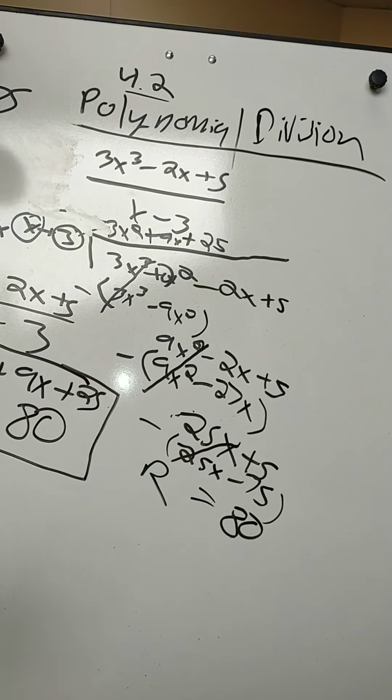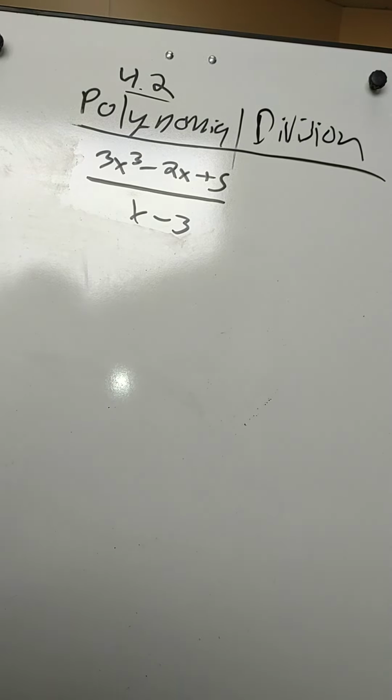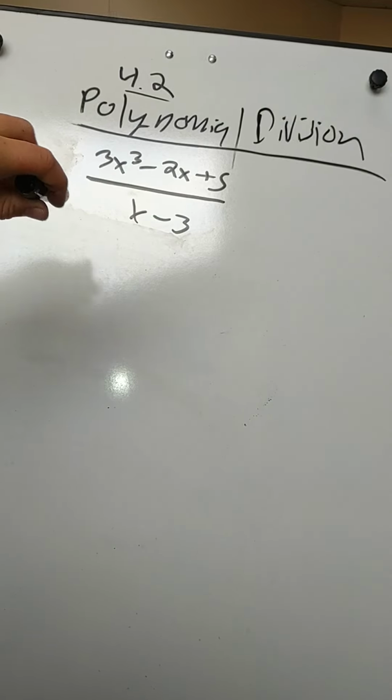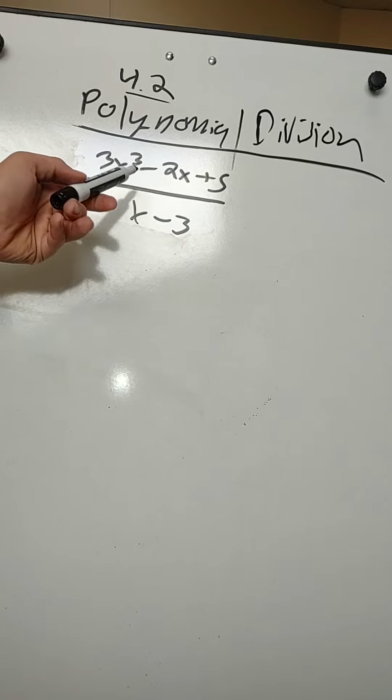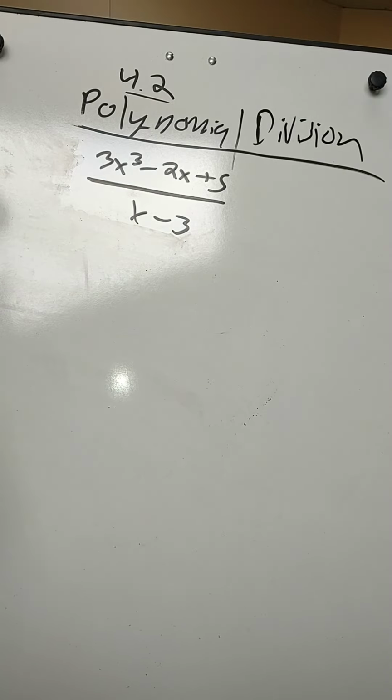But now there is an easier way to do it, and that is through synthetic division. Alright, so I cleaned this up a little bit, and now we're back to the original question, which was 3x cubed minus 2x plus 5 divided by x minus 3.